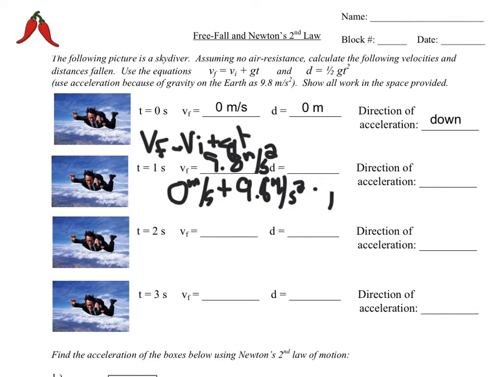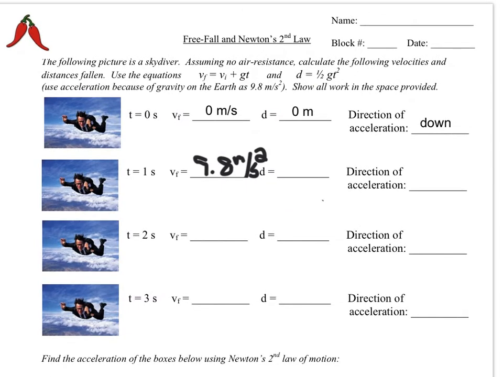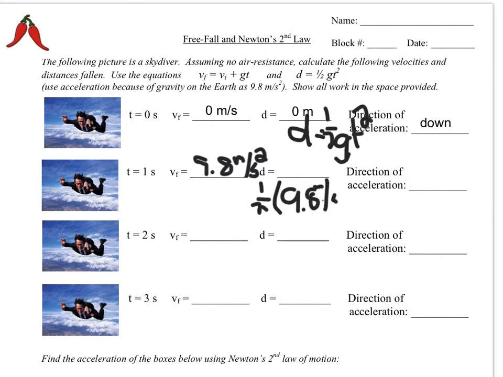Distance, on the other hand, we have to use a different equation. Sorry, I need to clear up some space. So now, to solve for distance, we're going to use this other equation: distance equals 1/2 gt squared. We know gravity is 9.8, so we have 1/2 of 9.8 meters per second squared times our time of 1 second squared.